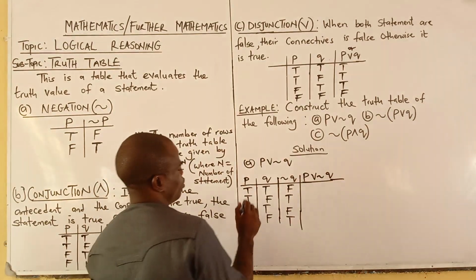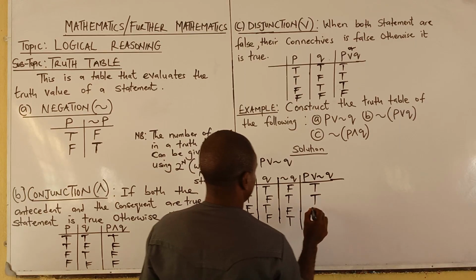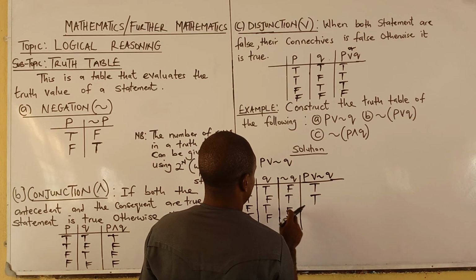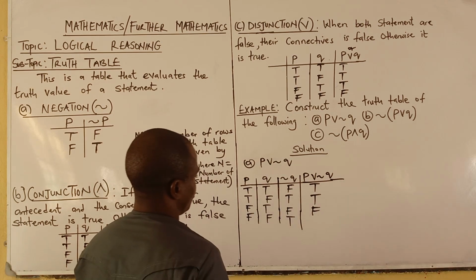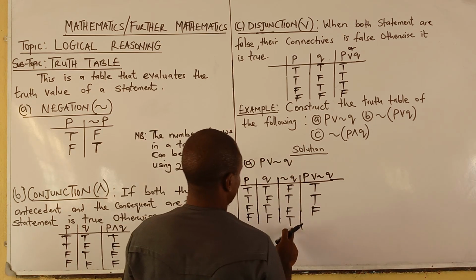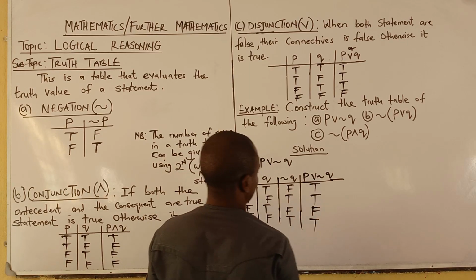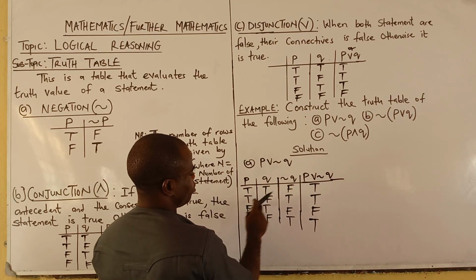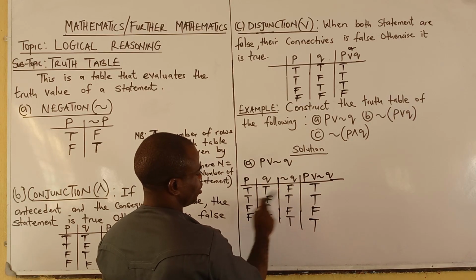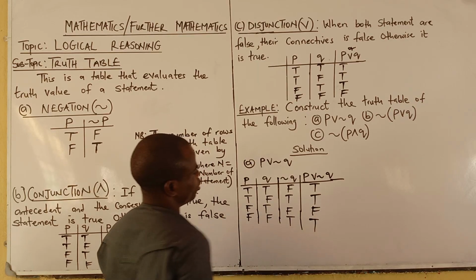That's "or". T or F, you pick T. T or T, you pick T. F or T, sorry, F or F, you have F. F or T, you have T. Take note, T or F, you pick T. T or T, you pick T. F or F, F. F or T, T.